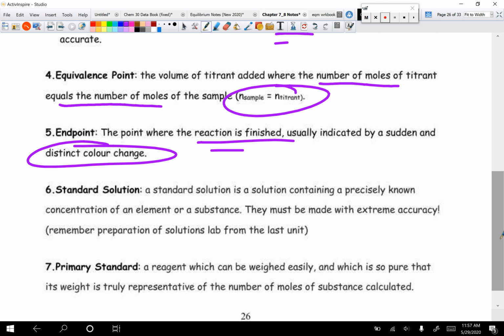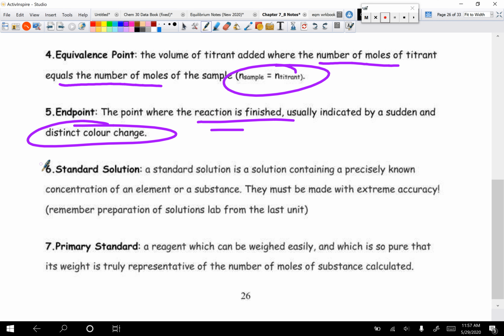Two other things that showed up in our solution chemistry section are a standard solution and a primary standard. A standard solution is a solution containing a precisely known concentration. We did the video on how to make a standard solution, where you accurately weigh out stuff, dissolve it, and everything like that.